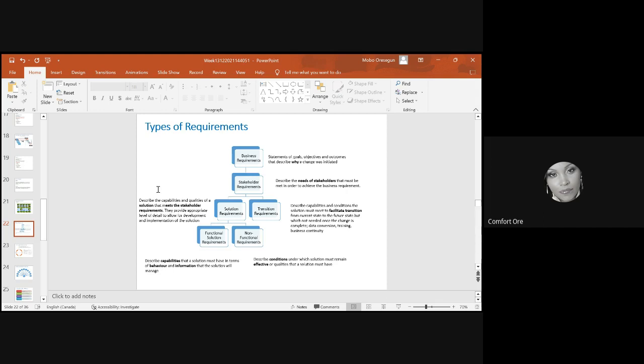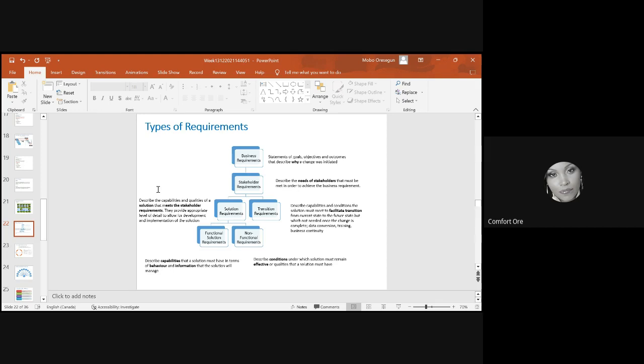Then the stakeholder requirements describe the needs of stakeholders that must be met in order to achieve the business requirements. The business requirement is more of the organization's needs. The stakeholder requirements are more of those who have a vested interest within that organization.